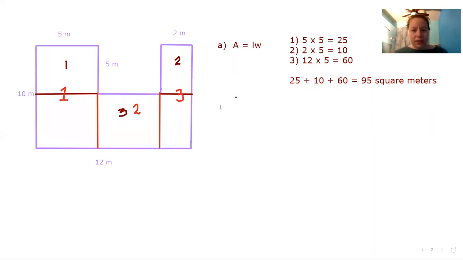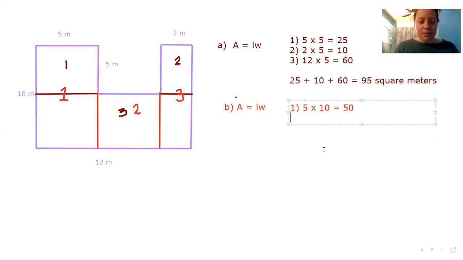So I'm going to call this one letter B. This is my second way I could do it, letter B. I am still using area equals length times width because I still have rectangles, all rectangles. Except this time for number 1, it ends up being 5 times 10, which is 50.